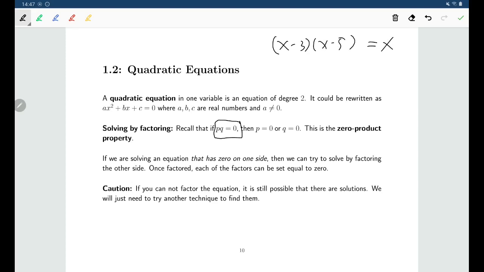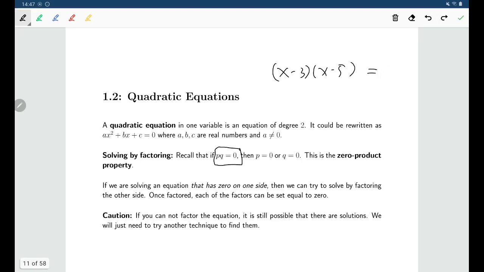That doesn't tell me what x needs to be equal to. The only way that I can conclude immediately what the values of x are that solve this equation would be if I had it equal to 0. So if we're thinking about solving by factoring, the first move will always be to move all the terms to one side of the equation so that we have 0 on the other side before we start factoring.